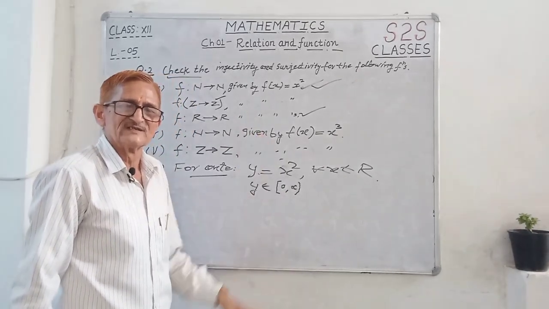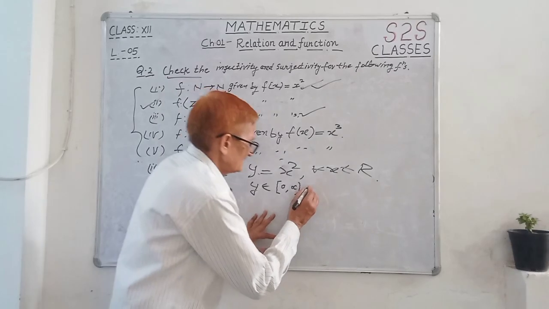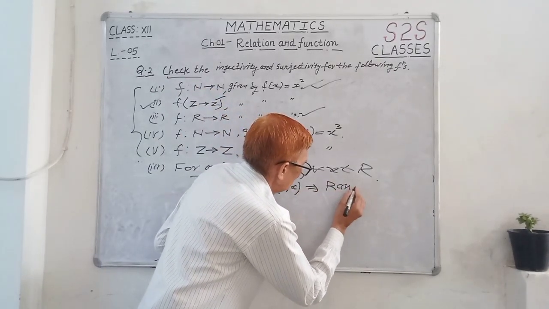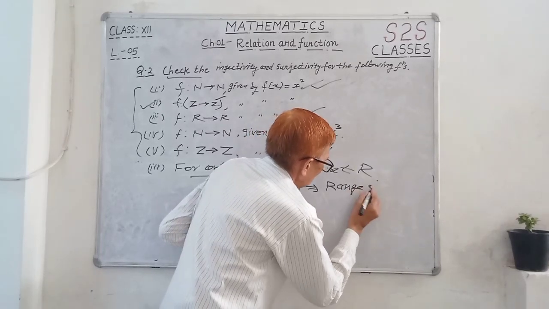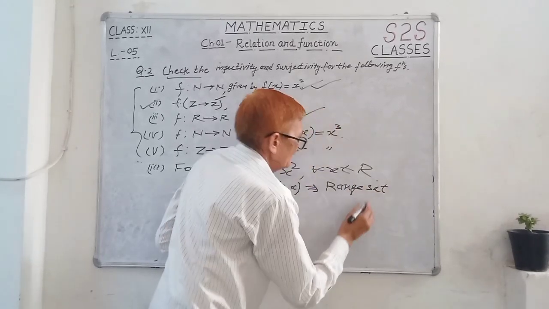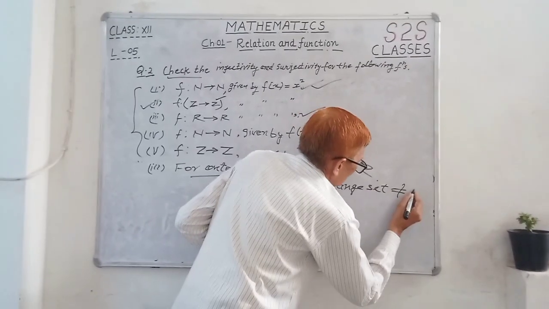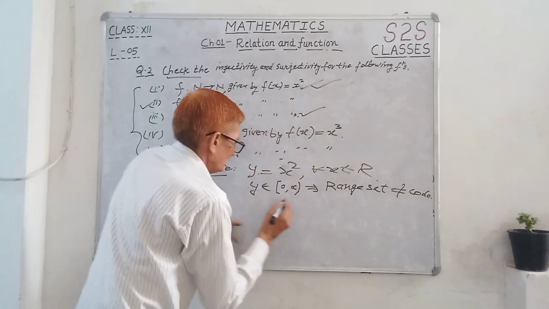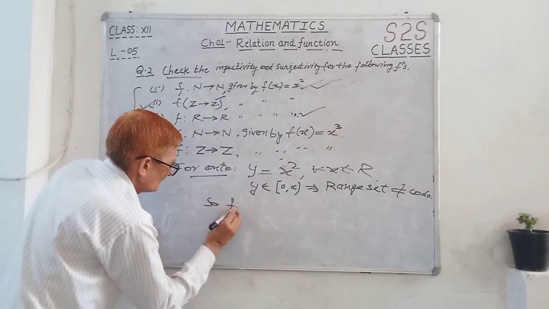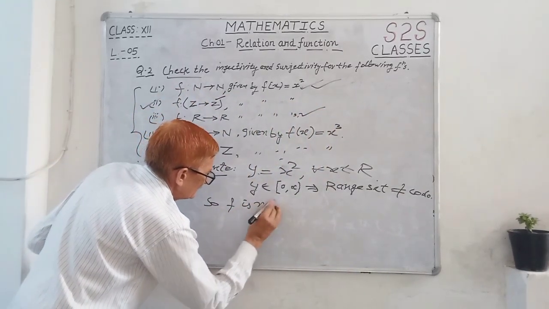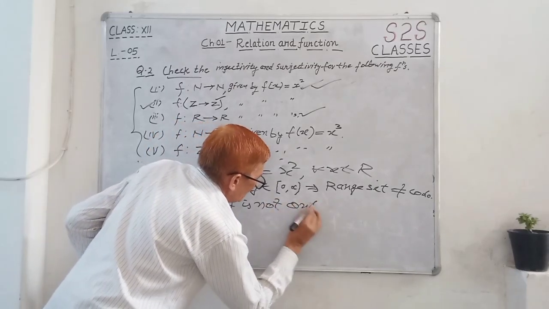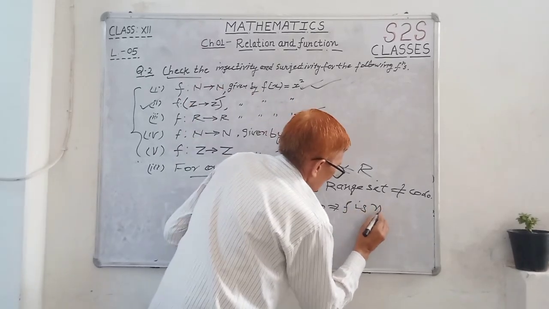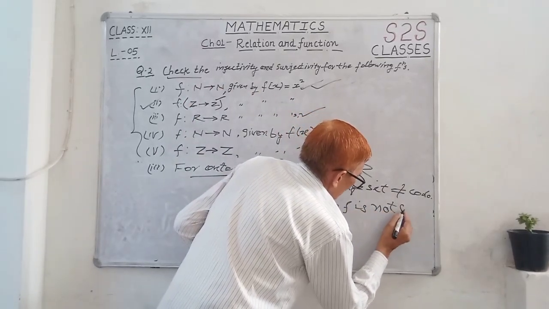To understand this, this implies the range set is not equal to the codomain. So f is not onto, which means f is not surjective.